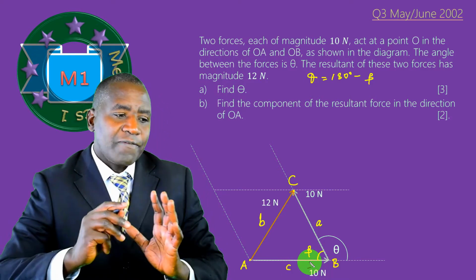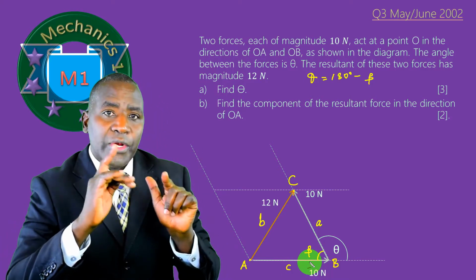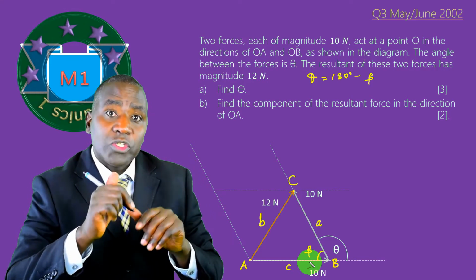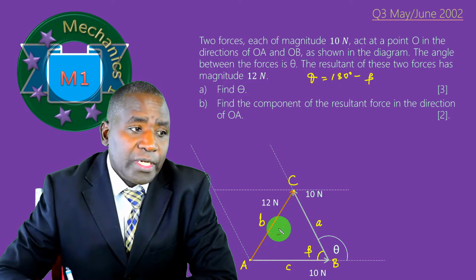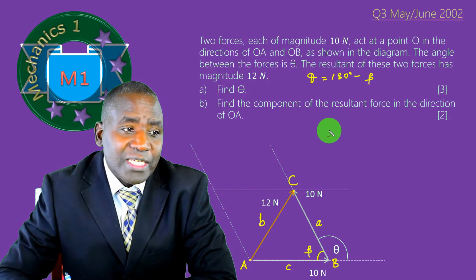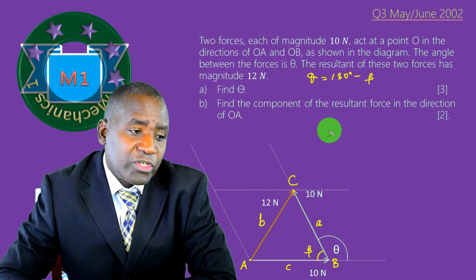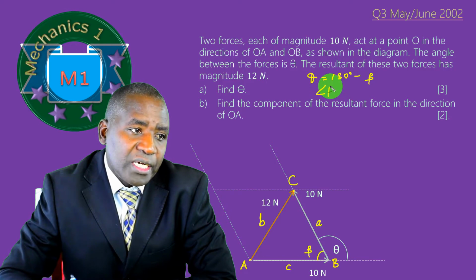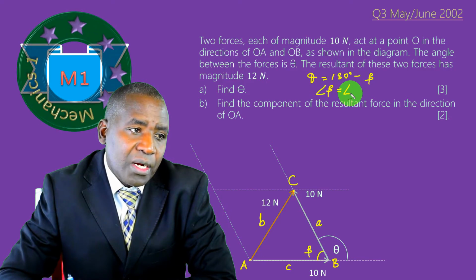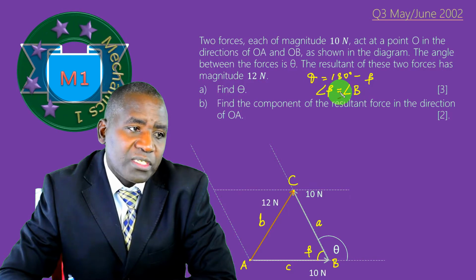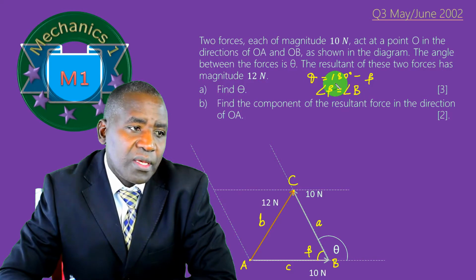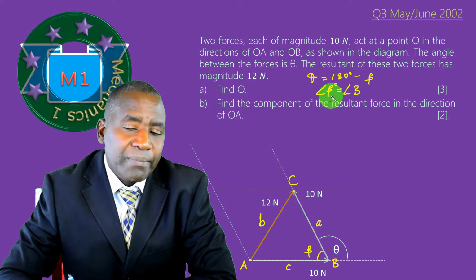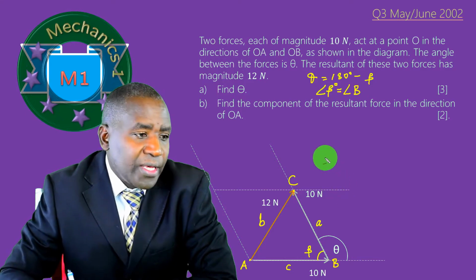At this point, I have a triangle with all the sides known, rather, they are given, and I'm required to calculate an unknown angle. Definitely, it is at this point that I use the cosine rule. And because I'm interested in this angle, by the way, angle beta is the same as angle B. I've just replaced it with this symbol there. So don't get confused where B and beta are coming from. They are one and the same thing.